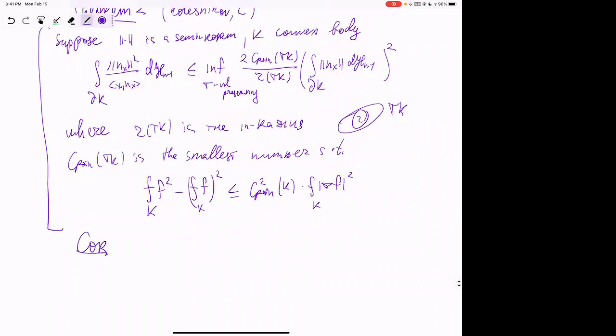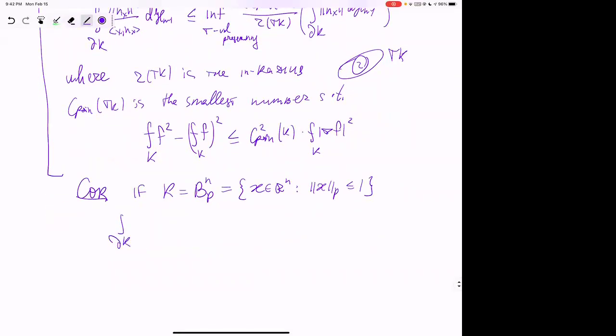For example, for LP balls, if K is the LP ball B_p^n, the set of points x in R^n such that the LP norm of x is smaller than 1, then for any semi-norm in this inequality, this is bounded from above by some absolute constant times n to the power minus the minimum of 1/2 and 1 over p.